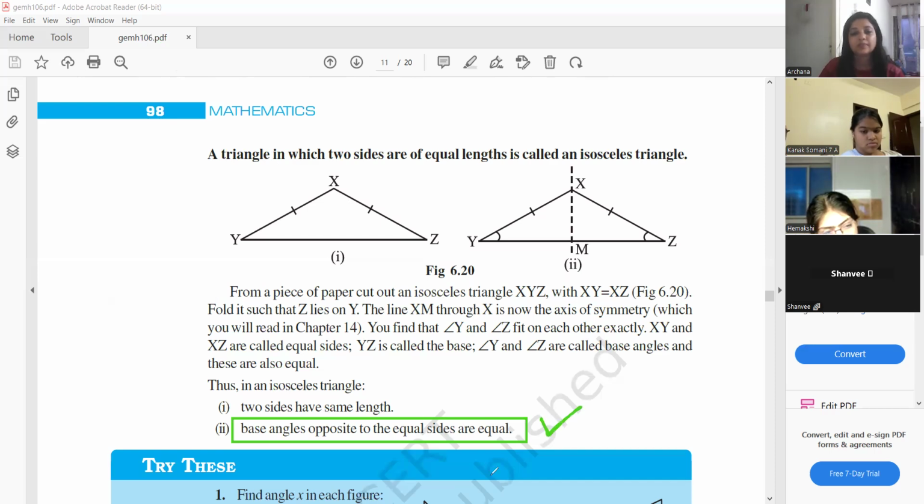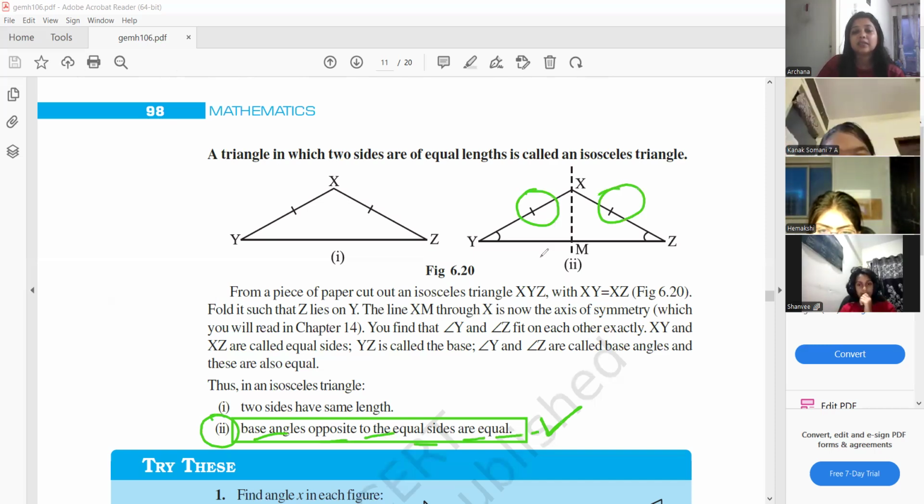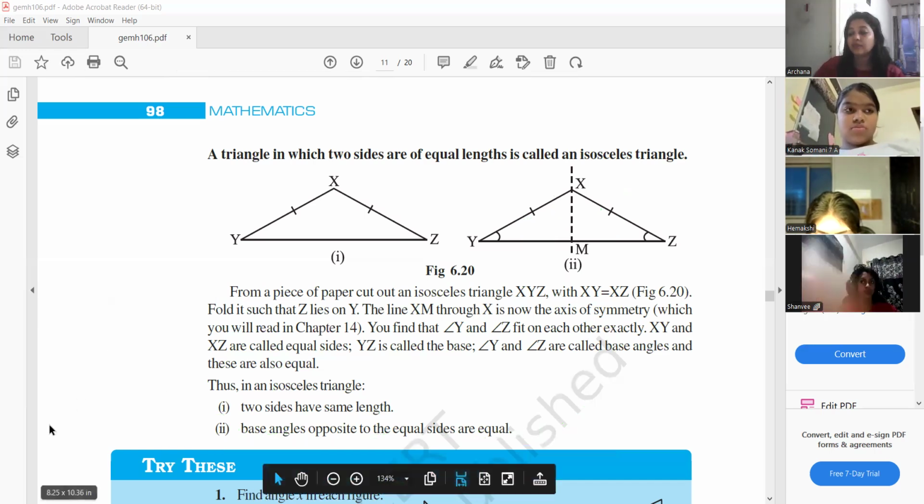Okay, anyways. Chalo. So the second property is: base angles opposite to the equal sides are equal. So these are the sides and their angles are opposite to these sides. I'm not talking about the recent triangle, but the starting two or three triangles when I started explaining to you girls. That time, there was a little confusion.